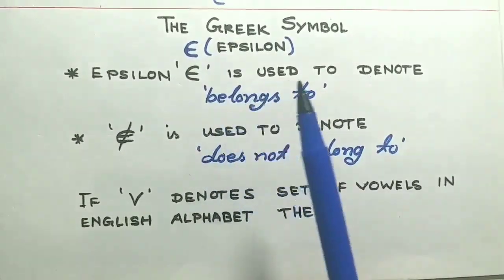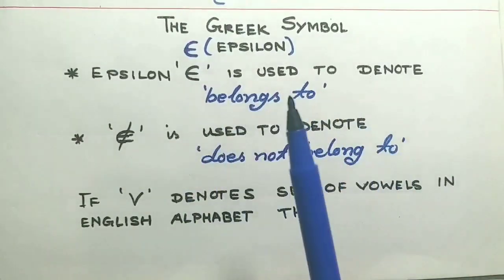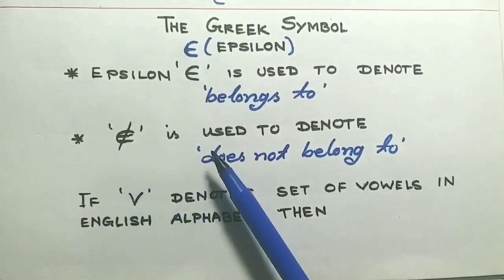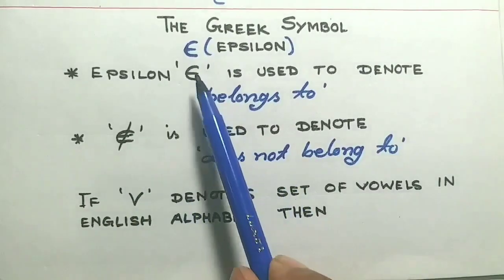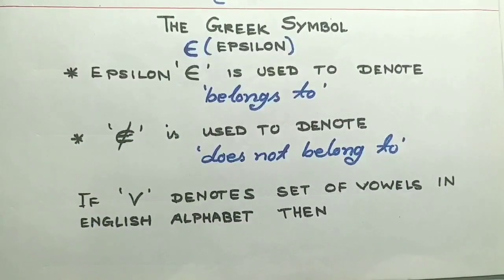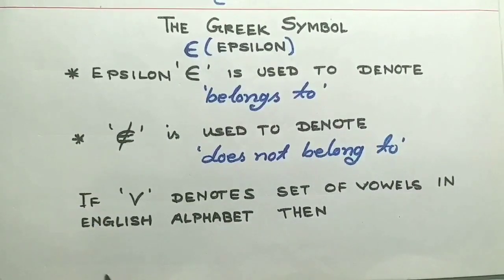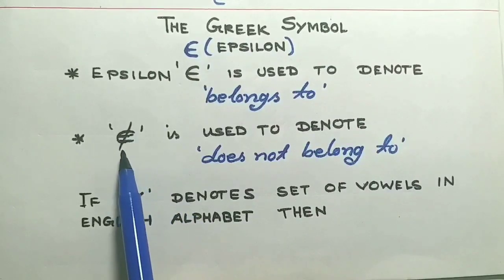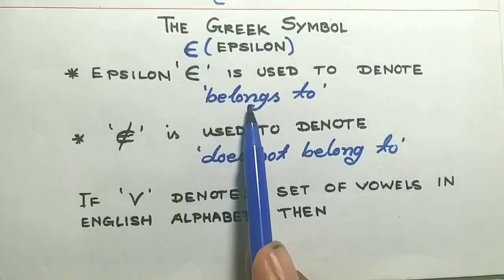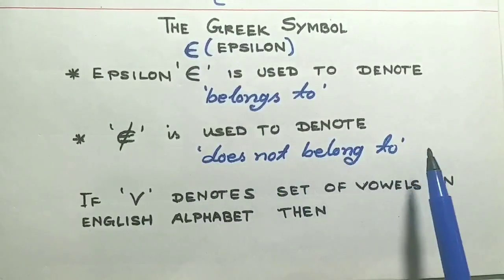That means being the property of somebody else, or being a member of a particular group, organization or collection. Belongs to means being a part. Not epsilon means the opposite of belongs to, that is, not being a part of a whole body.